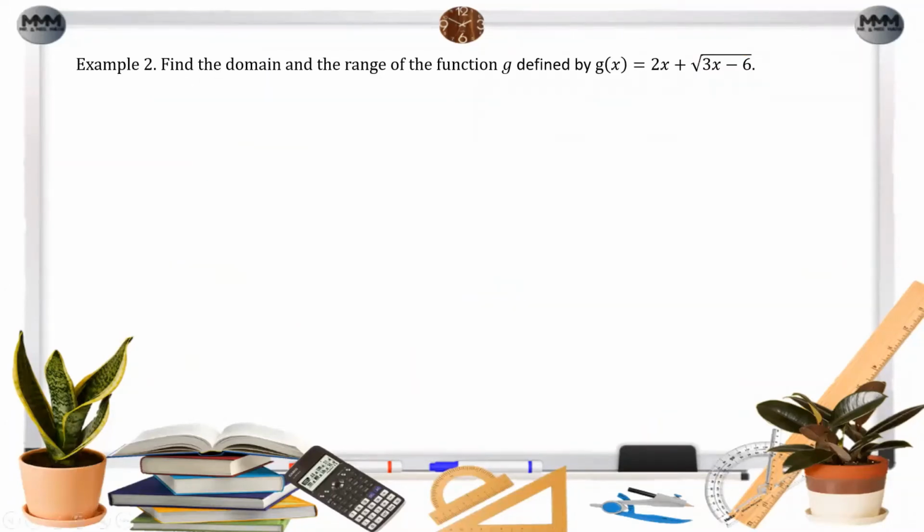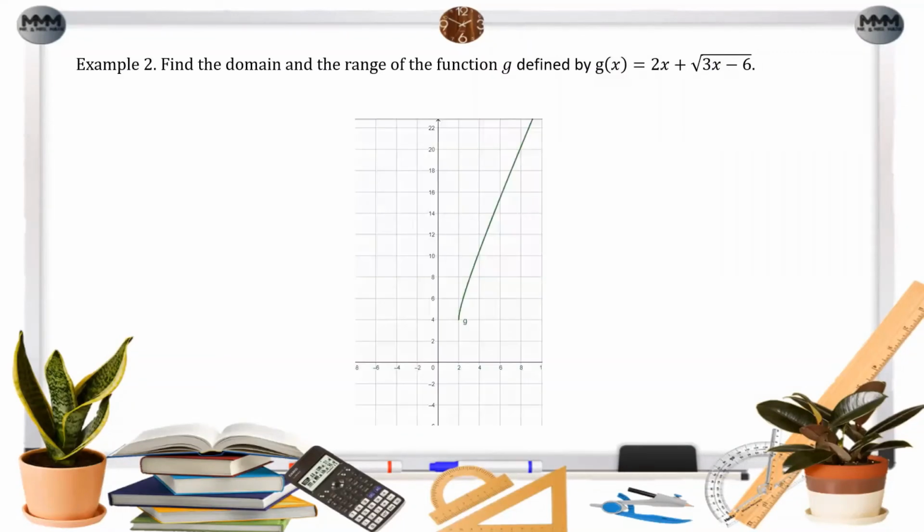So let's have here the graph of the function. Actually, this is the graph of the function. I'm using here the GeoGebra application. If this is a point on the function, let's try to locate first the domain.